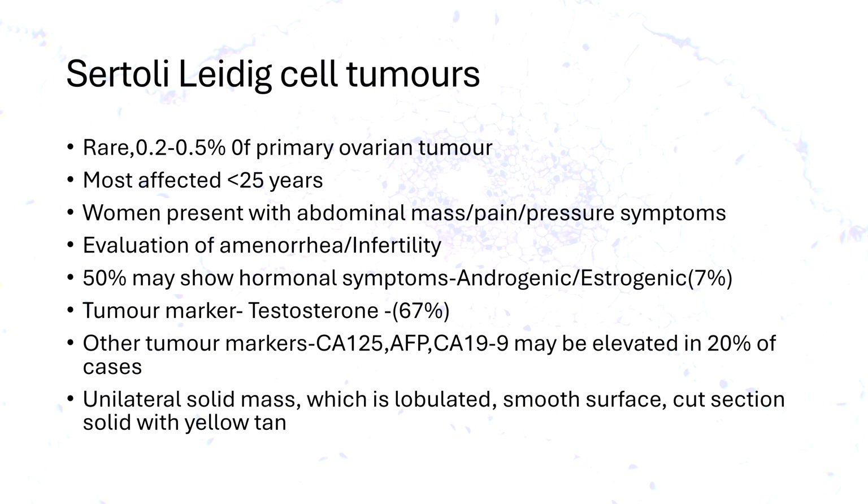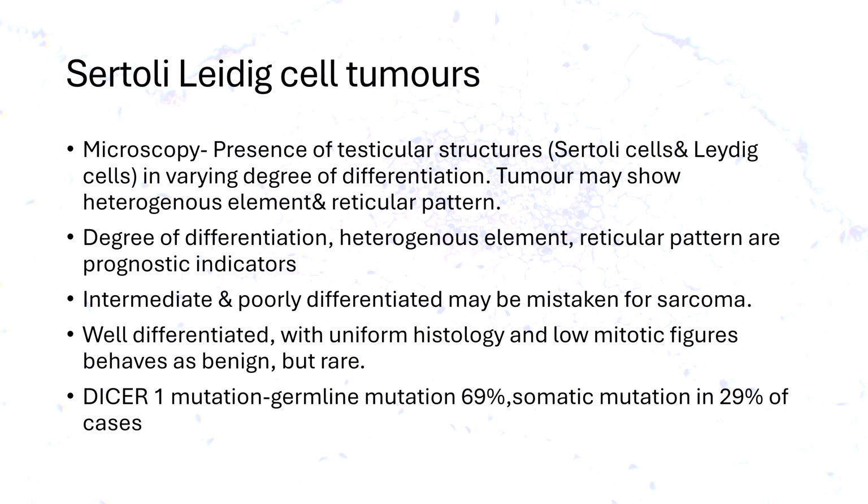Most of them clinically present as a unilateral solid mass, which is lobulated, having a smooth surface, and the cut section shows a solid mass with a yellow tinge. Microscopically, you can see presence of testicular structures like Sertoli cells and Leydig cells in varying degrees of differentiation.